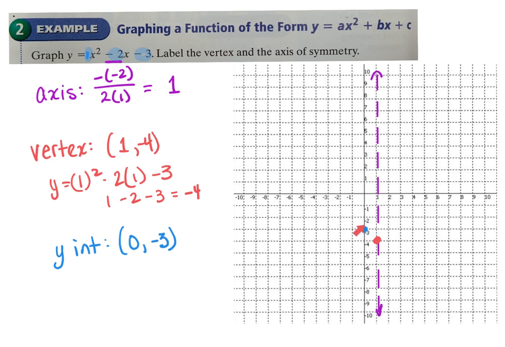So this negative 3 is 1 away from my axis of symmetry, so I can go 1 on the other side and plot a point there as well. And then I can just sketch this graph, which should look something like this. I found those 3 things that I need to help me sketch it, and then I'm going to sketch it.